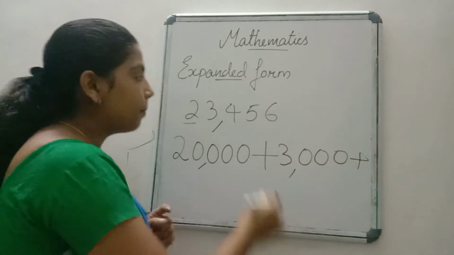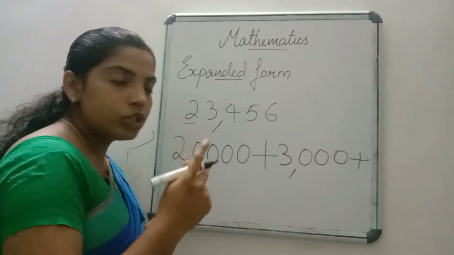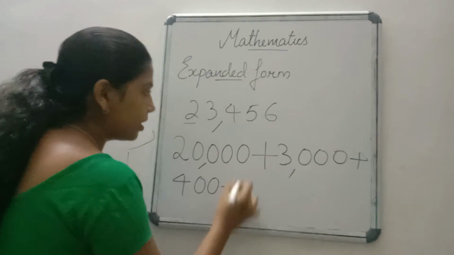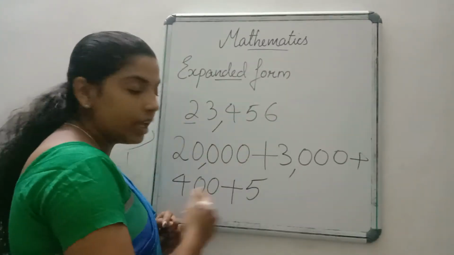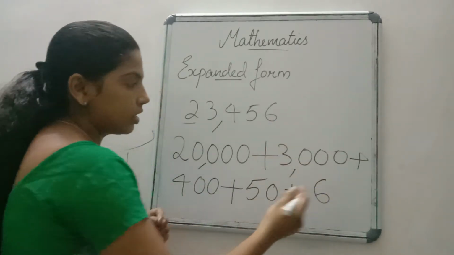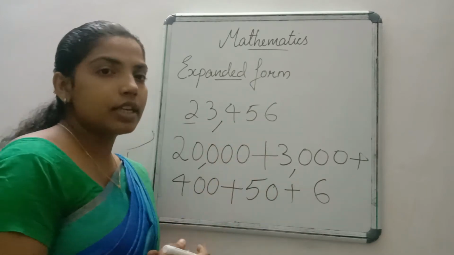Again plus, the next number is 4. After that how many numbers are there? 2 numbers, so we give 2 zeros. Again plus, the next number is 5. After that one digit is there, so we give a 0. Plus the last digit is 6. No other numbers are there after that, and the place value of 6 is 6 itself.